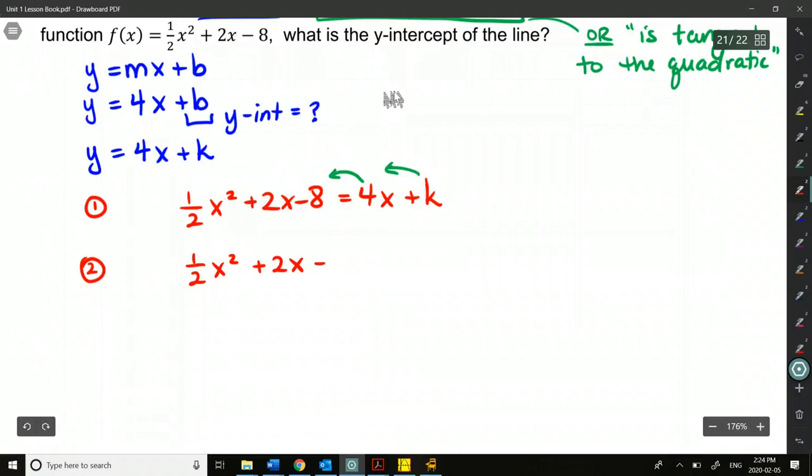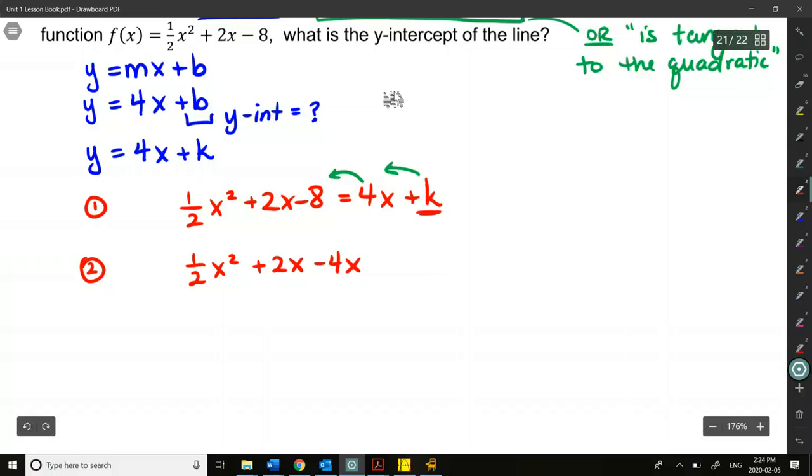And one thing that you should keep in mind is that the b value in a line, like when we have y equals mx plus b, that's a constant value. What do I mean by constant value? Yeah, there's no variable with it.